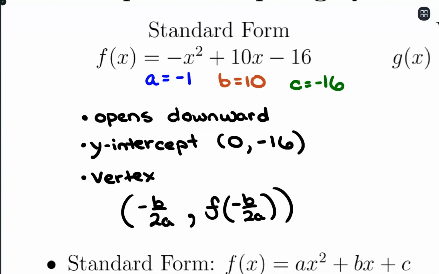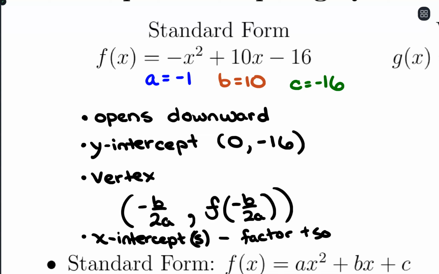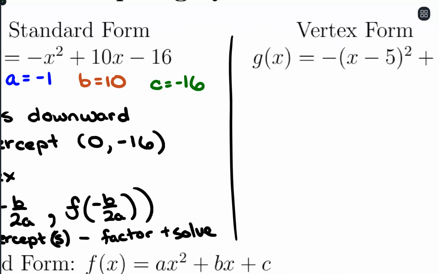It just takes some steps, but in terms of what's available right when we're given the standard form, we see which direction it's opening in, the y-intercept, and then the vertex. The x-intercepts are there, we would just have to factor. In fact, maybe I'll make a note of that. For the x-intercepts, we would need to factor and solve. All right. So in standard form, that's where we can get going.